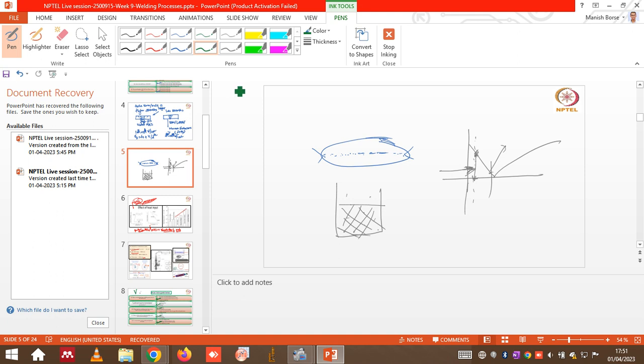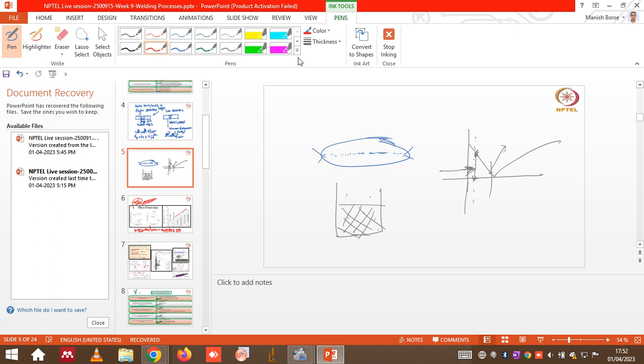No, that is a different way actually. Any material which has good absorptivity of the laser, or is a bad reflector of the laser, can be good for laser welding, right?